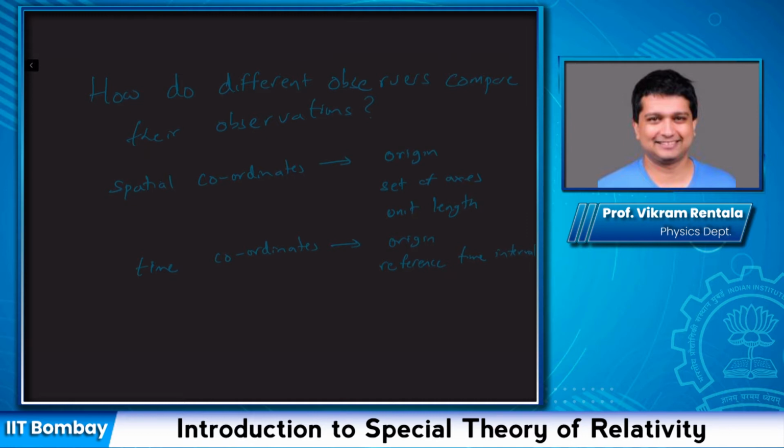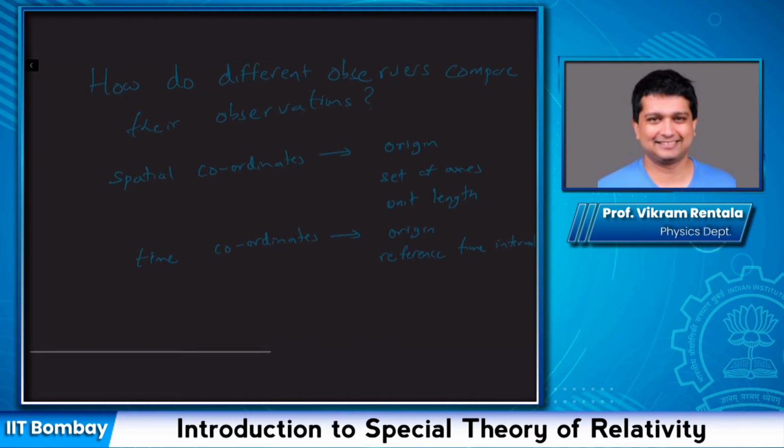Now, intuitively, we expect that differences in these choices, the choice of origin, the choice of set of axes, the choice of unit length, or the choice of origin, reference time interval, should not matter in our description of the physical world. Okay? And indeed, this is true for a set of observers whom we think of as inertial observers, that is, observers who are in a state of uniform motion relative to each other.